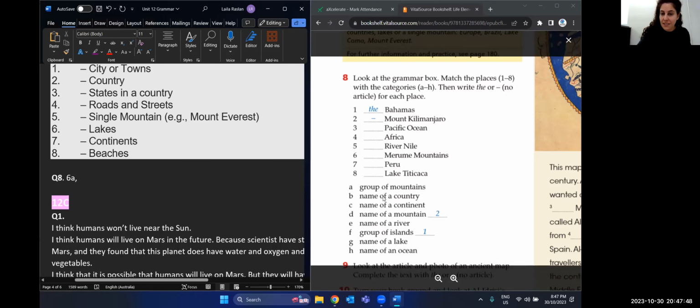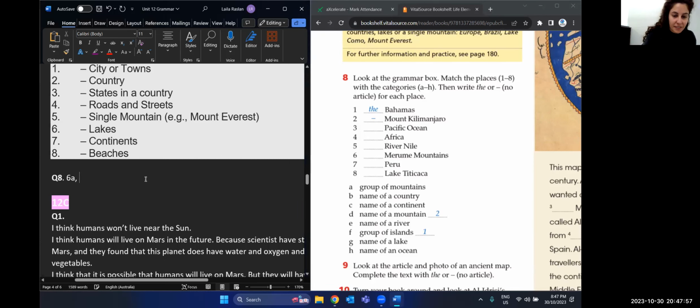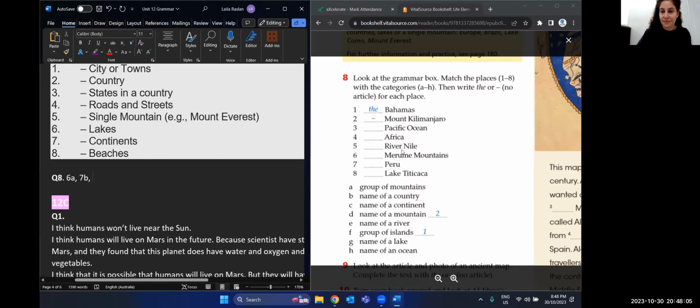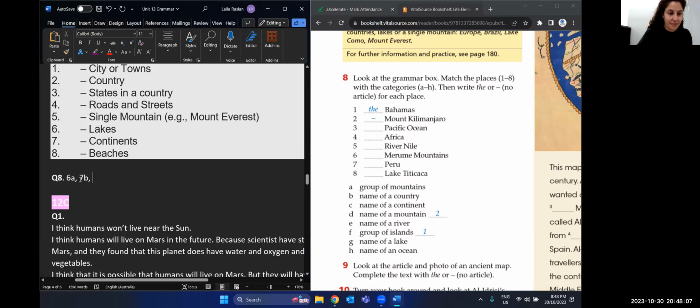The Mayoom Mountains, which is the name of a country. Number 7, Peru. Yep. So 7B, Peru. Which is the name of a continent? Four, Africa. Yeah, Africa, Australia, Americas, Europe.